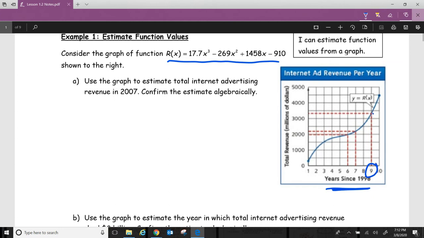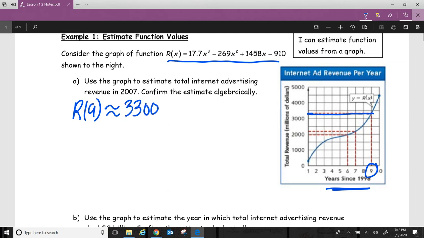And so if I go up onto the graph when x is equal to 9, I come over to the y-axis, and it looks like we're approximately around 3,300. So I would say R of 9, or my revenue after 9 years, is approximately equal to 3,300.